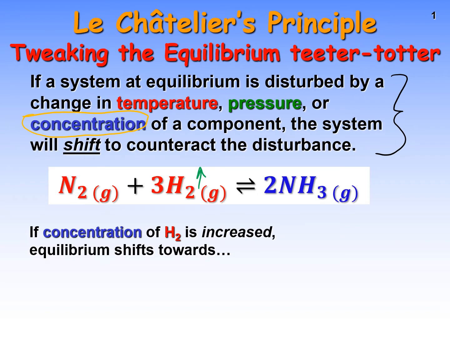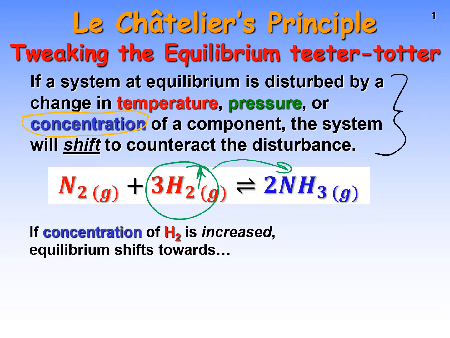Now, what that's going to do is increase the concentration of the reactants, because H2 is on the reactant side of this equilibrium. How can my reaction minimize or counteract that disturbance? Well, it will shift towards the products.